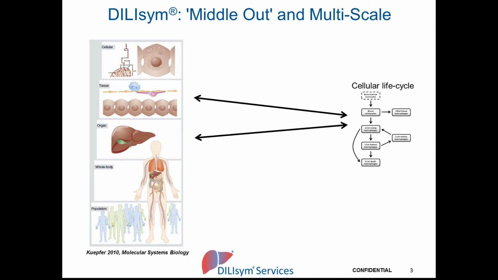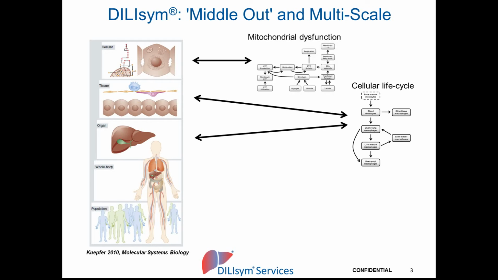That said, depending on the type of biochemistry represented, there are some areas of DILIsym where we really drill down and get into a very biochemical, bottom-up sort of representation, such as the diagram for mitochondrial dysfunction describes.